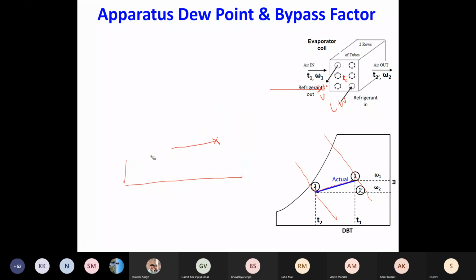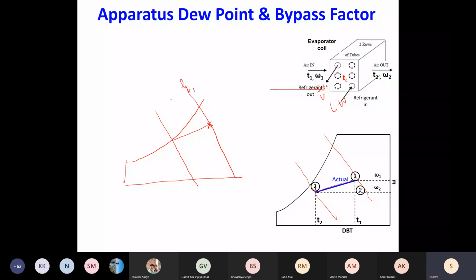These are the constant enthalpy lines, H1, H2. In another case, you are going through this other process line.